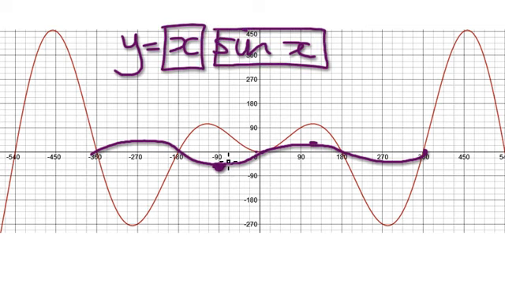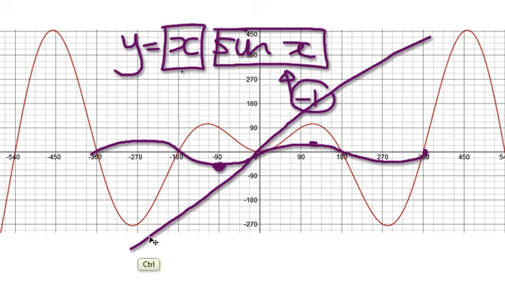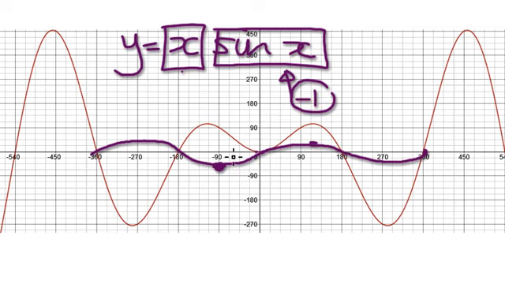Now, looking at this at negative 90, this block here will be minus 1. But then looking at your y equals x graph, which will look like this, this here will be minus 90.